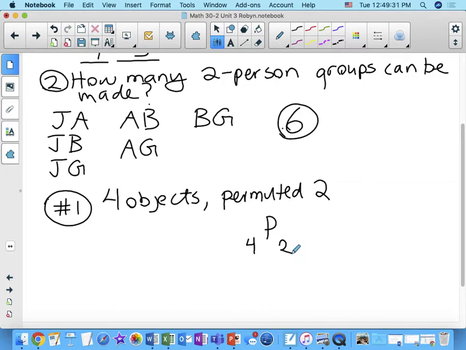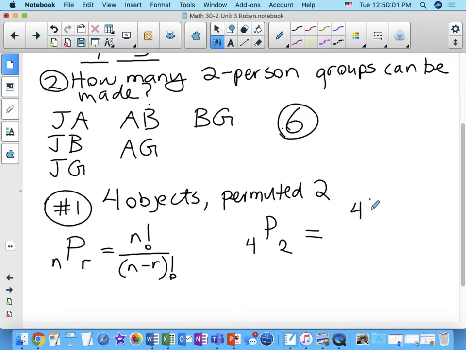Now the nPr formula, and this is on your formula sheet, and it's also a button on your calculator, is n factorial over n minus r factorial. So if we look at this specific example with numbers, what is our n? 4.